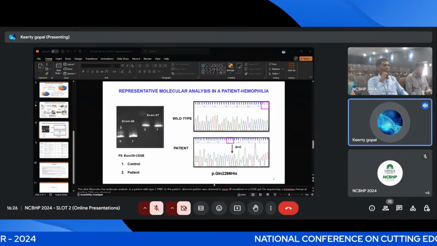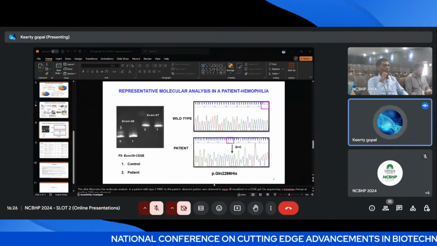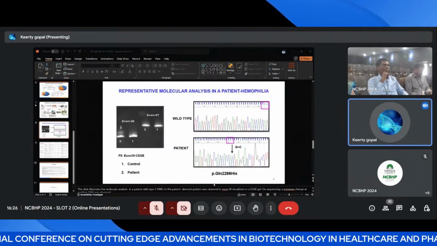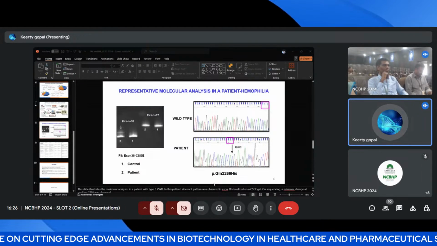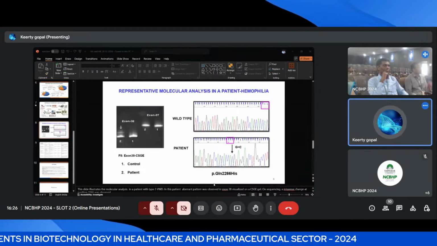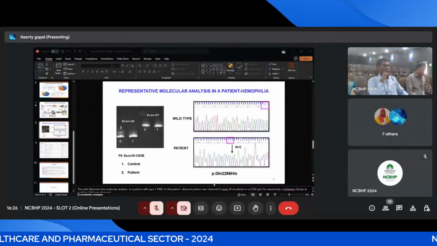After that, they do a hematological diagnosis to categorize them as factor 8 or factor 9 levels. And after that, they do a molecular screening. So once they have identified whether factor 8 or 9 is the cause of the mutation, they extract the genomic DNA and then do a PCR.